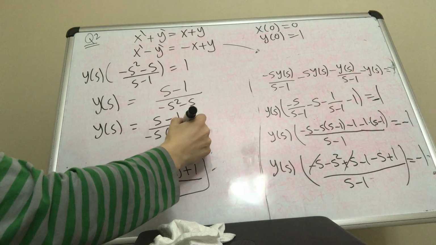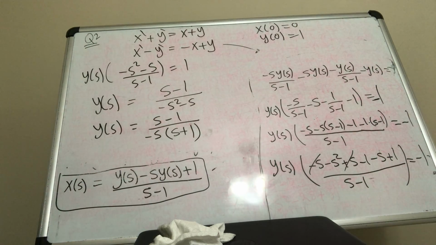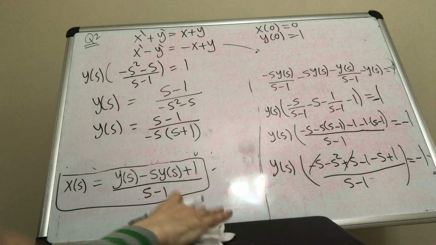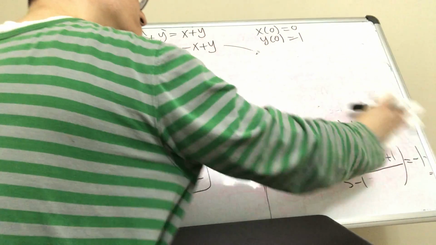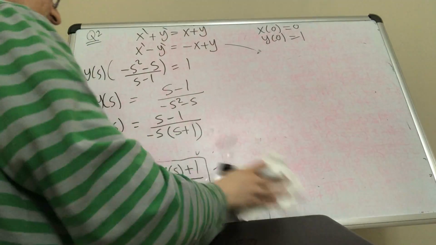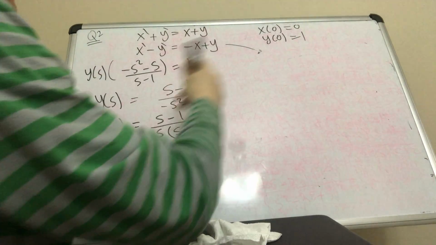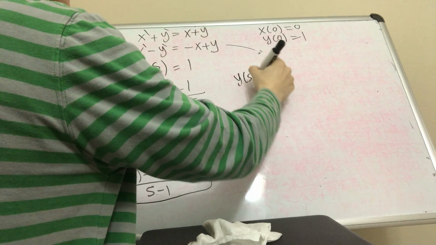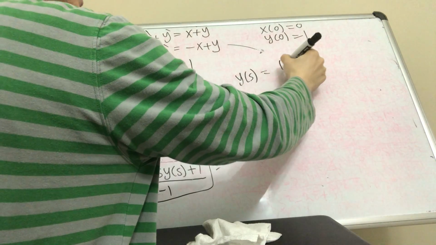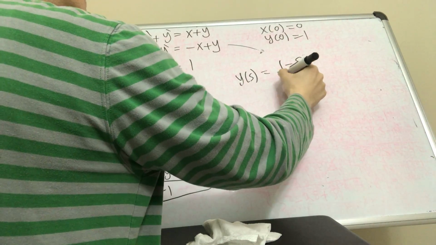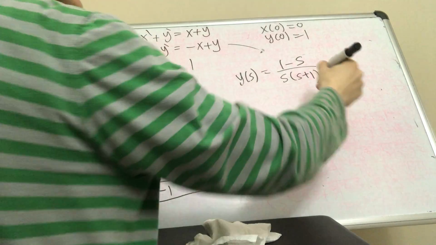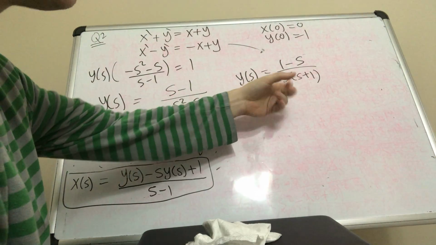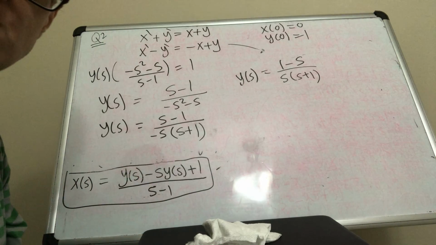That will leave me with s plus 1. Or simply, I can move the negative up and make it 1 minus s plus 1. Now, this one I can do partial fraction for.